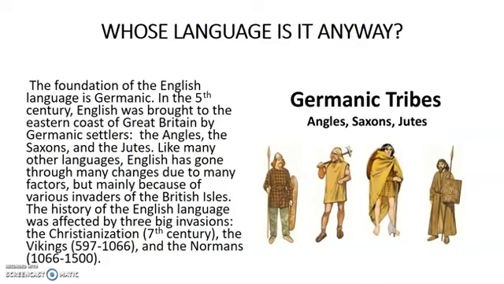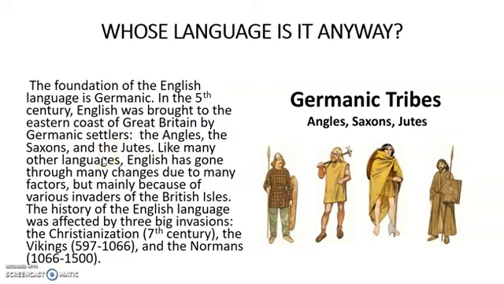So whose language is it anyway? Where does the modern English come from? The foundation of the English language is Germanic. In the 5th century, English was brought to the eastern coast of Great Britain by Germanic settlers, the Angles, the Saxons, and the Jutes.